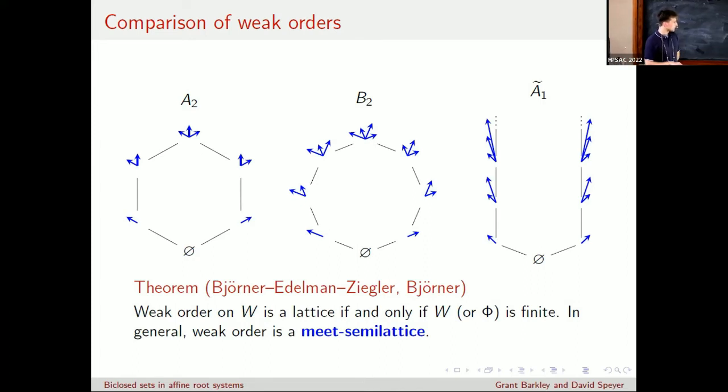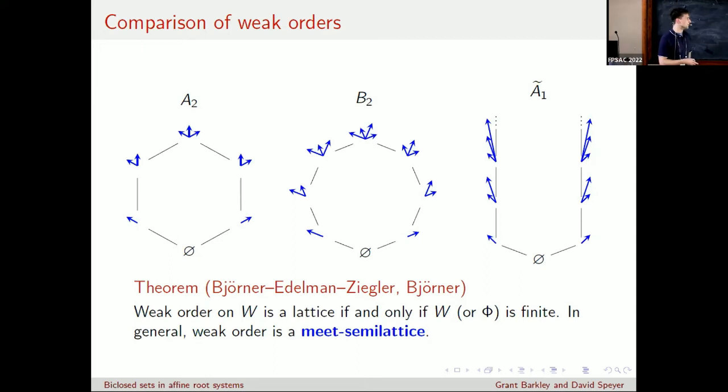Then Björner later proved that if we looked at any Weyl group, the weak order is always a meet semi-lattice. That means there are always greatest lower bounds, even though there are not least upper bounds. So that's a very strong property about lattices. And so we might ask, is there a way to put a top on this right-hand side naturally?